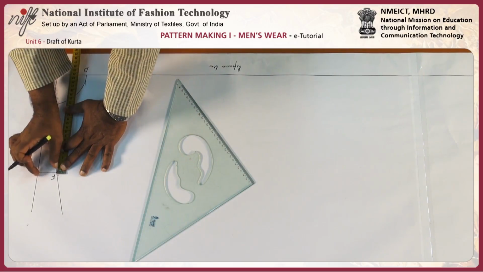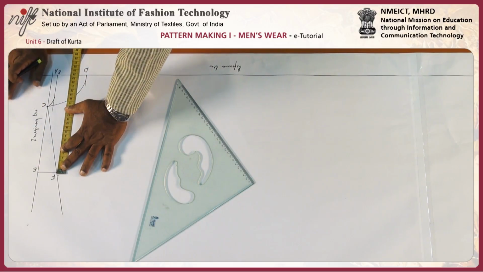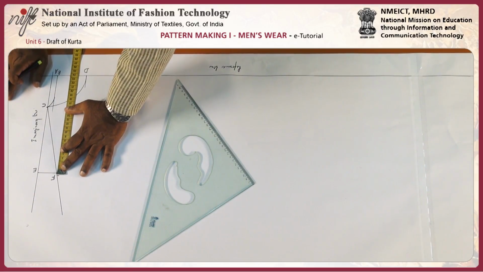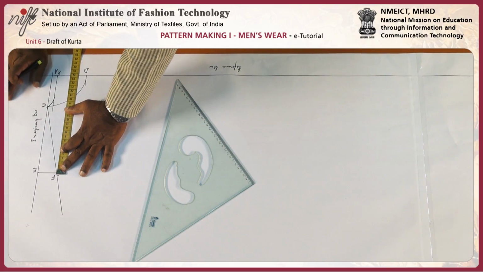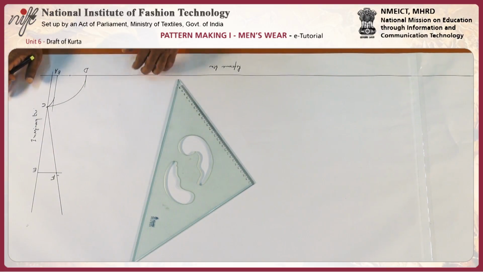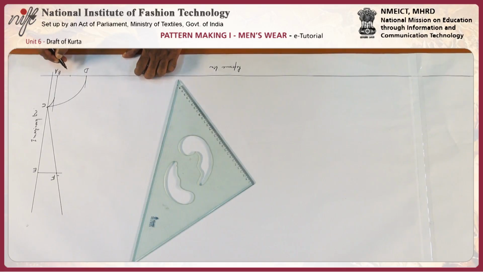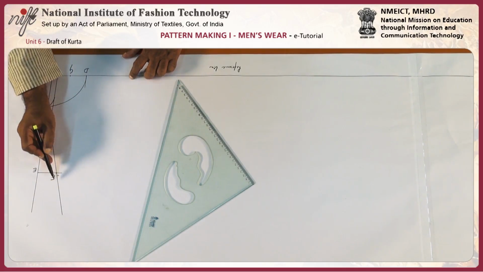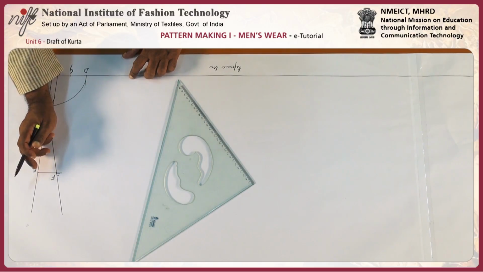That level will be the point G and H, which is the measurement of half across shoulder.